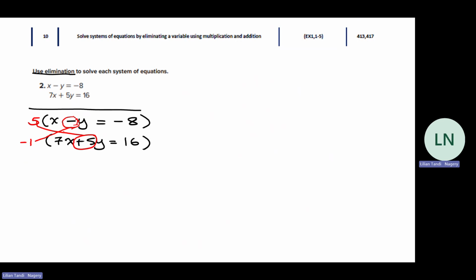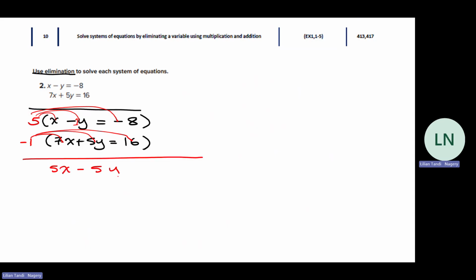Okay, so now I will do the distributive property 3 times. So now I have 5x minus 5y equals negative 40. Then I have negative 7x minus 5y equals negative 16.